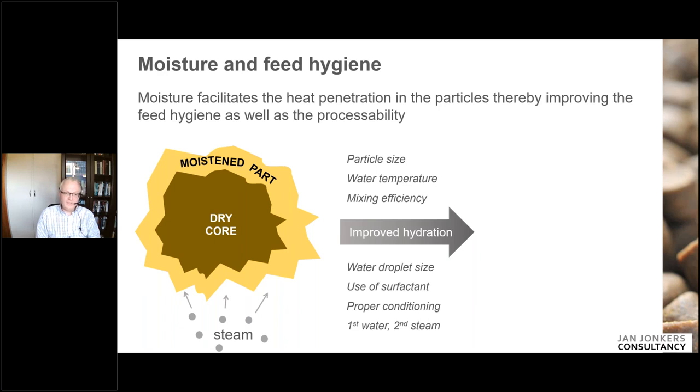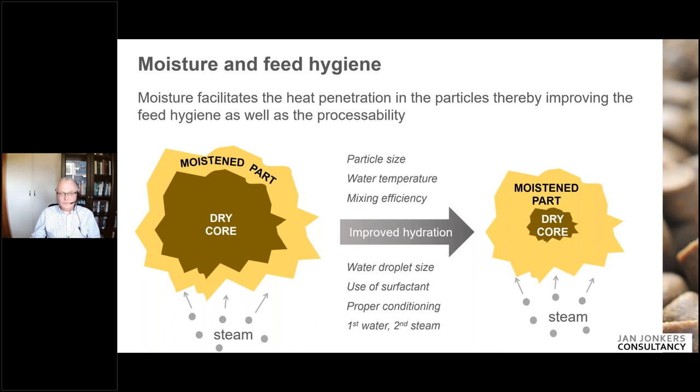Mixing efficiency can help. The water droplet size can help. The smaller droplets will be easier to distribute over all the different particles. The use of surfactant can also help to distribute the moisture over the particles, and then also the proper conditioning, as we discussed earlier, first water, then steam, that can all help.